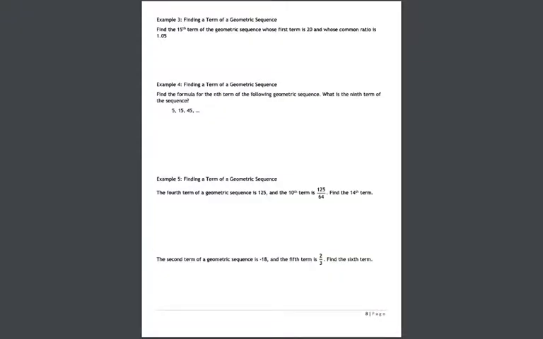Okay, on this next one, we were asked to find the 15th term when the first term is 20 and our common ratio is 1.05. So we're going to use our formula. The best way to memorize this formula is to write it down 1,000 times. So we're going to get the 15th term by plugging in the first term, and then our r value will be raised to the 15 minus 1, because again, we're using those numbers up here for our exponent.